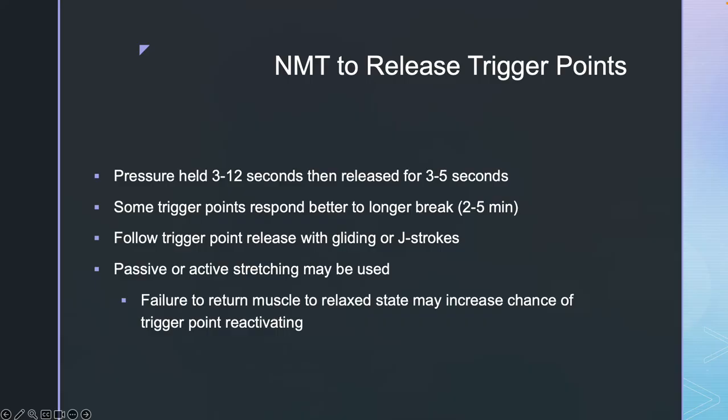So your failure to return the muscle to its relaxed state may increase the chance of that trigger point reactivating. So stretch them, get them in a relaxed state. All right, that way the chances of that reactivating to cause pain or referred pain is lessened.